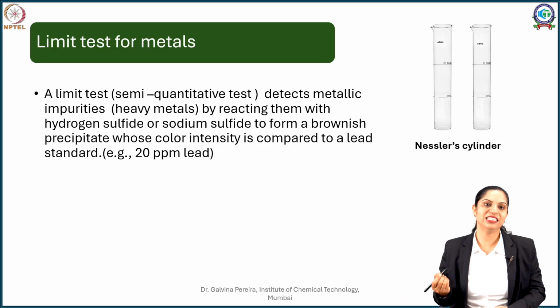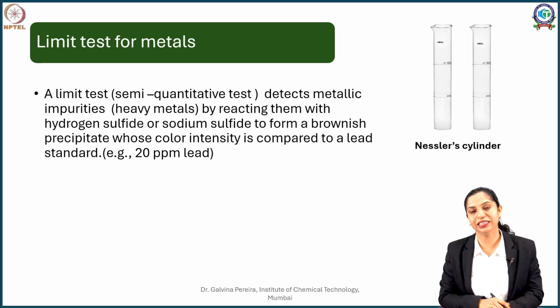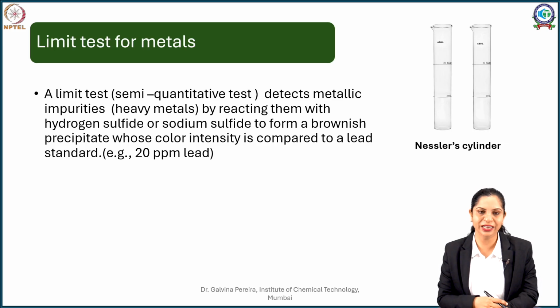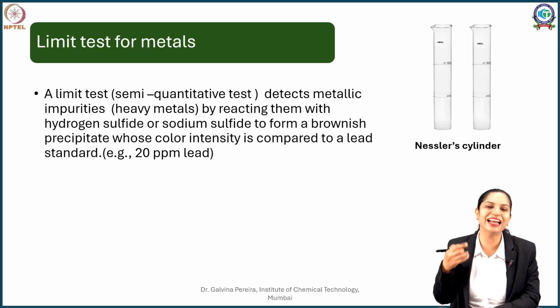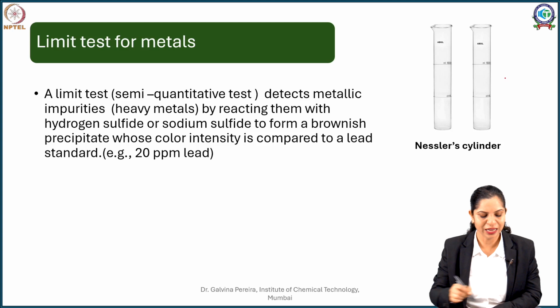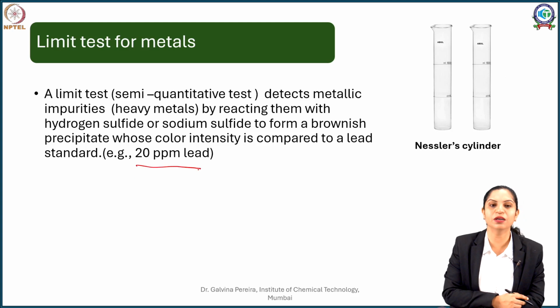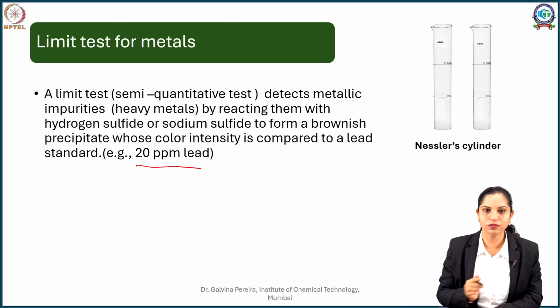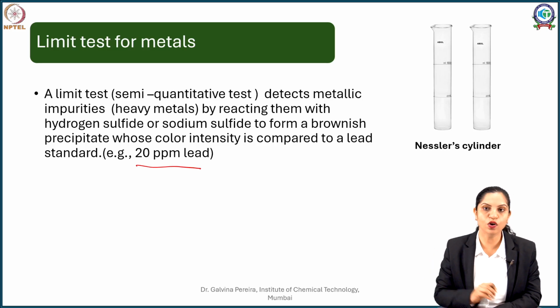So when I am doing the limit test for heavy metals, I use a standard lead solution to compare, and this standard lead solution is about 20 ppm. So the solution should not exceed 20 ppm per ml of lead.